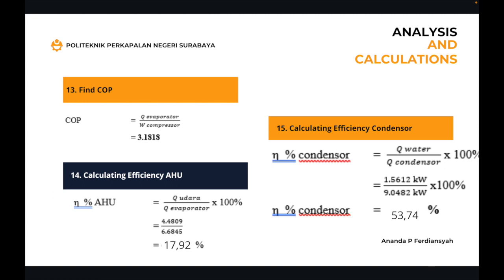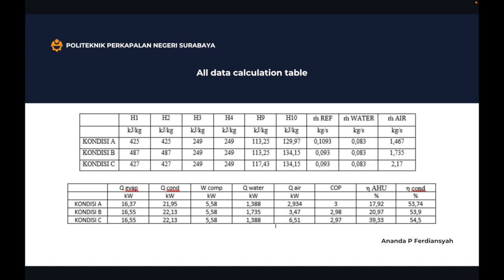And last but not least, calculating efficiency condenser. Dividing Q water by Q condenser times 100%, we got efficiency in condenser is 53.74%.